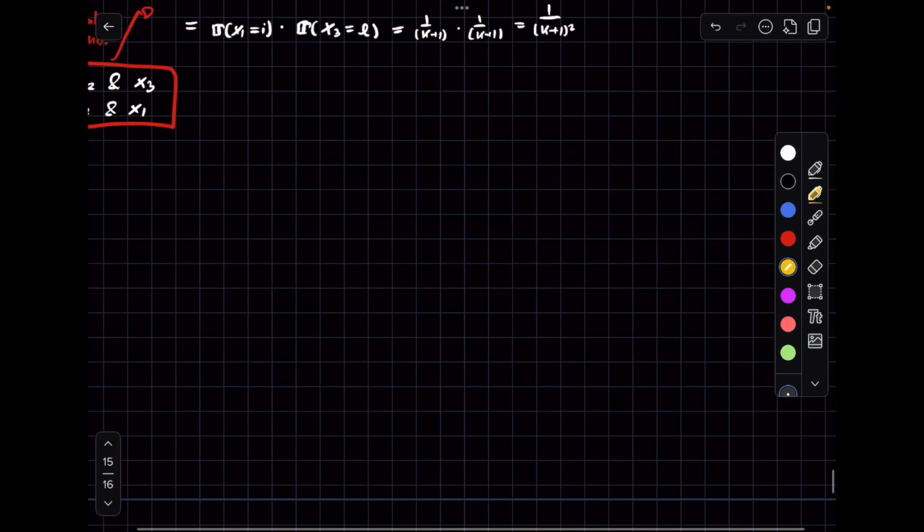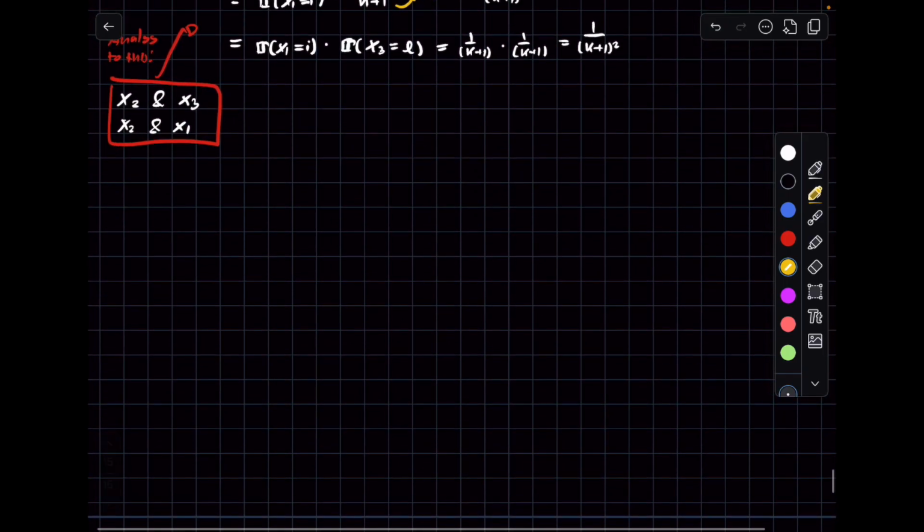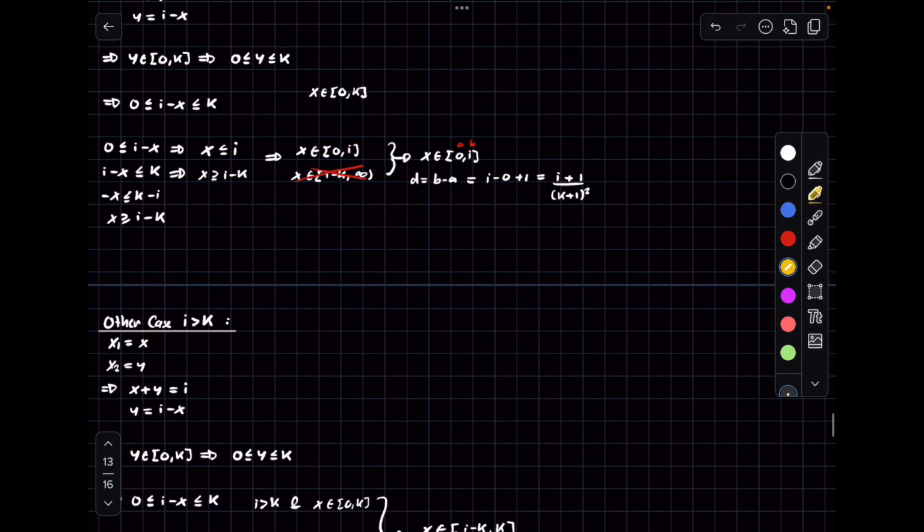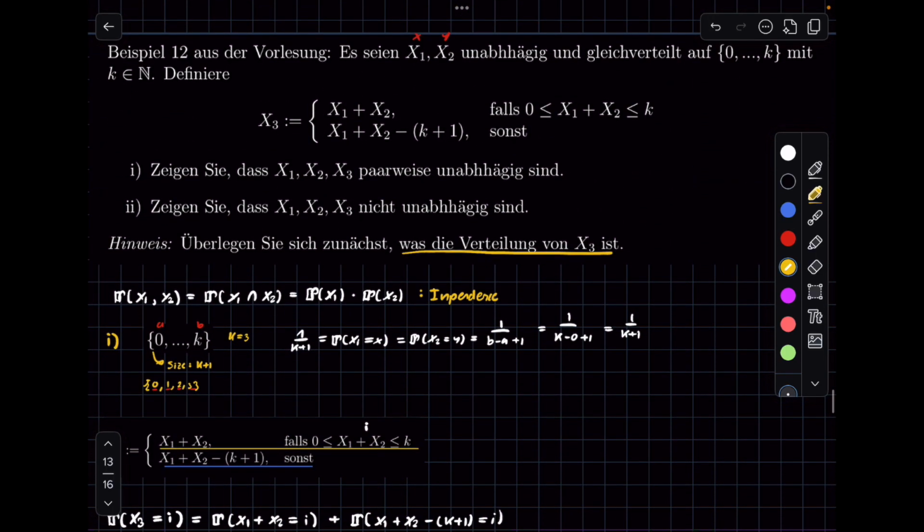Now, let's go ahead and finish this exercise in a nice way, where we show that x1, x2, x3 are not independent. Number 2 asks us to show that x1, x2, x3 are not independent.